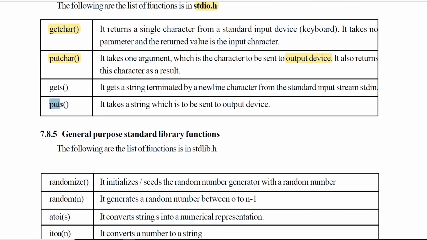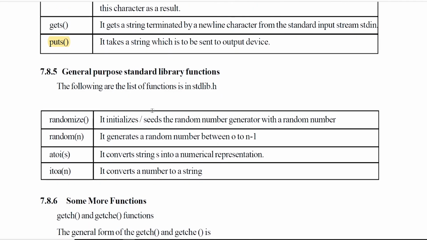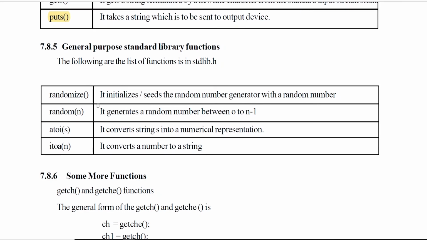And also puts, put string, displays the sequence of characters on the output device. We also have some general purpose standard library functions, randomize for random numbers, functions that convert a string into a numerical representation, and also conversions from number to string. Okay, we'll discuss later on.